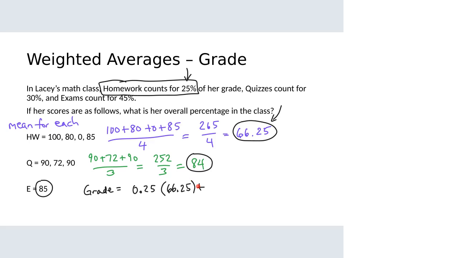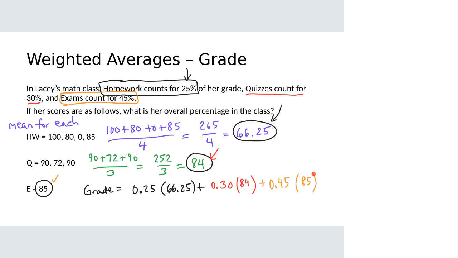Quizzes count 30%, so we're going to do 30% written as a decimal multiplied by her quiz mean score. And then finally, we're going to do the exact same thing for the exams. Exams count for 45%, and so we're going to do 45% written as a decimal multiplied by her mean exam score.